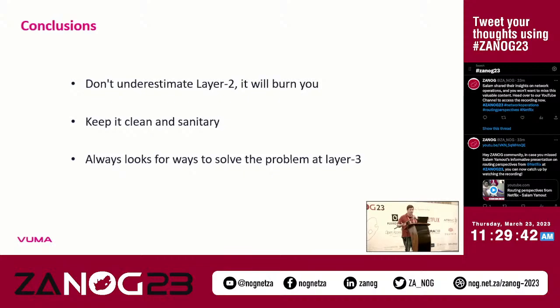And you end up with a lot of noise, because a lot of devices have these broadcasts, these neighbor discoveries, all of these little things that they do that are convenient and useful, but at the scale of tens and hundreds of thousands of these devices, it creates a lot of noise. And always look for ways to solve the problem that you're trying to solve with layer 2 at layer 3.